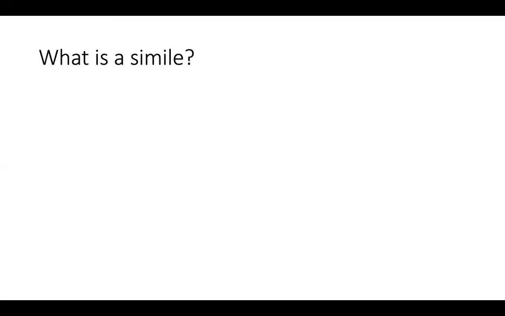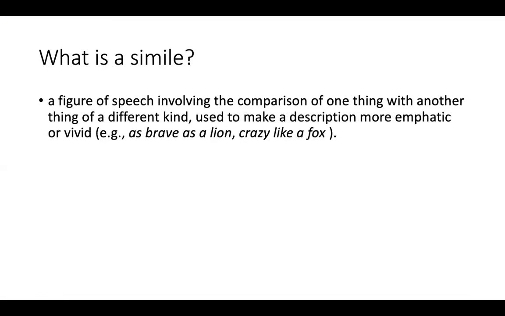A simile basically is a figure of speech that involves the comparison of one thing with another thing of a different kind. And this is used to make a description more emphatic or more vivid, like, for example, as brave as a lion or crazy like a fox. Similes generally contain the word like or a comparison of equality as, or not so. Okay, that is a simile.